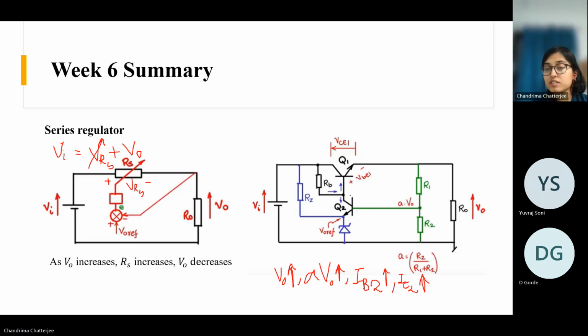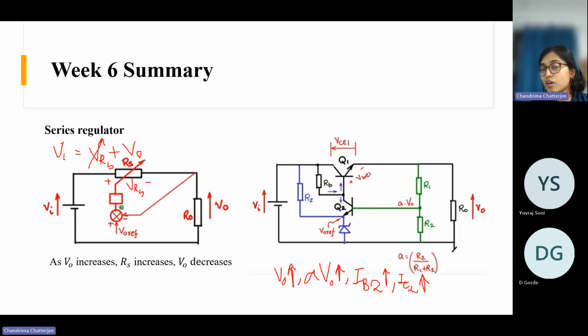Because here you are getting this input voltage, and here suppose we have some drop. So this current is more or less constant, but Q2 is starting to draw more current. So the base drive through Q1 will decrease, because Q2 is drawing more current, so the current through this base will decrease.